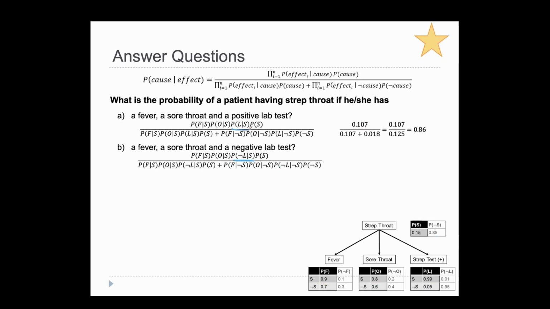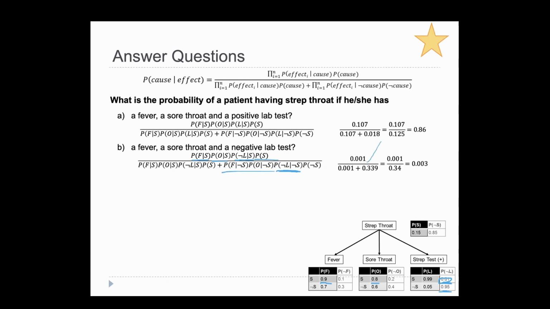If you compare with the one above, we had L given S, and now we'll have not L given S. And similarly, on the denominator, we will have not L given not S. If we multiply F given S, O given S, then not L given S with the prior, we get 0.001.